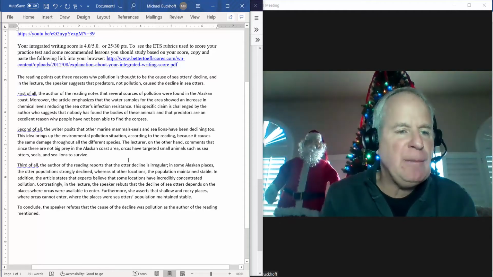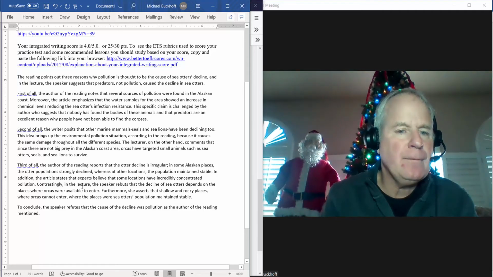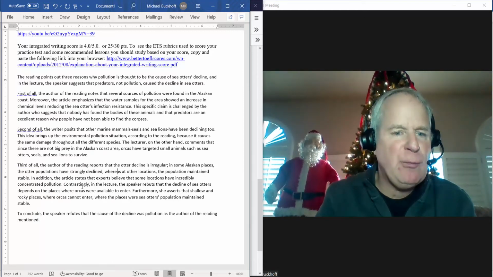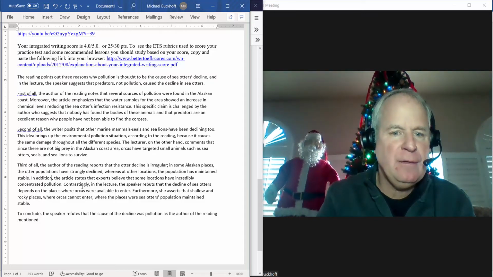In some Alaskan places, the otter populations, I'm going to put present perfect here, have strongly declined, whereas at other locations the population has maintained stability, I think.